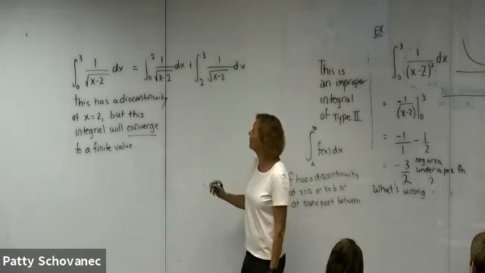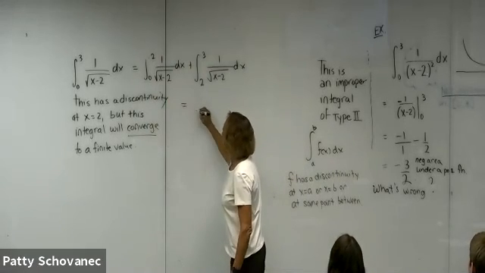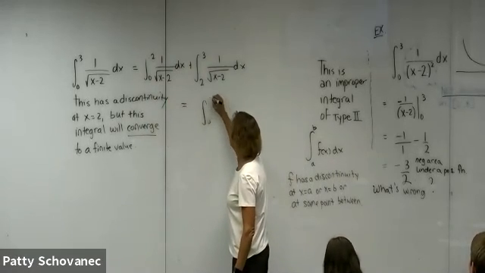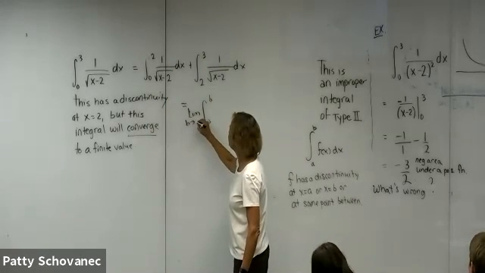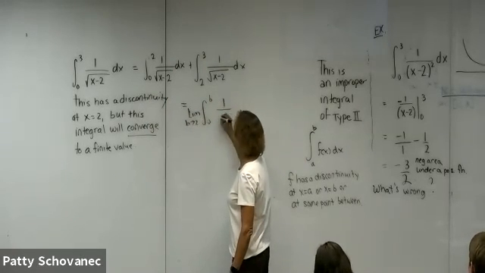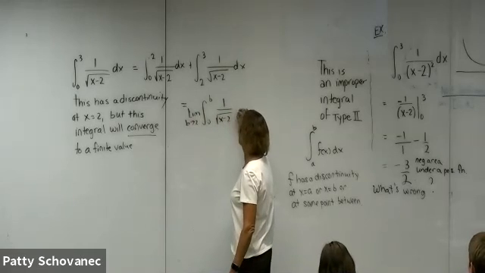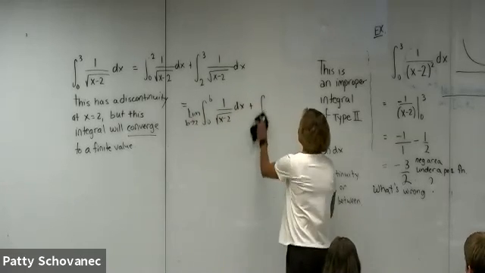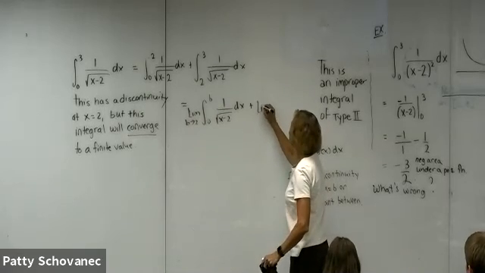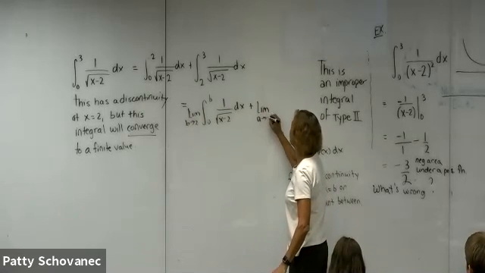Then make a definite integral out of them. So I'm going to put, say, from 0 to b here and take the limit as b goes to 2. And then I'm going to put an a down here. I need room for my limit, as a goes to 2 and a to 3.